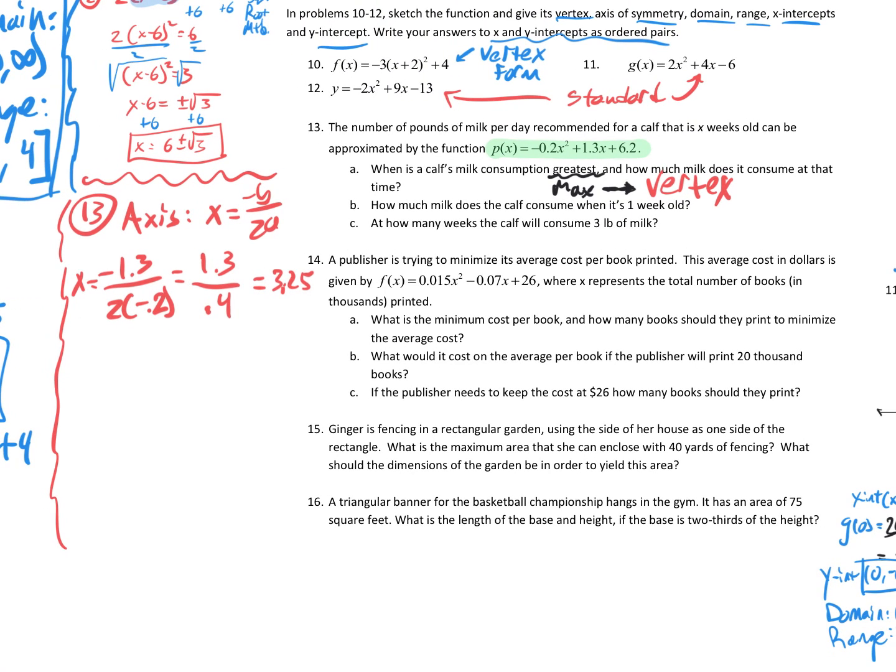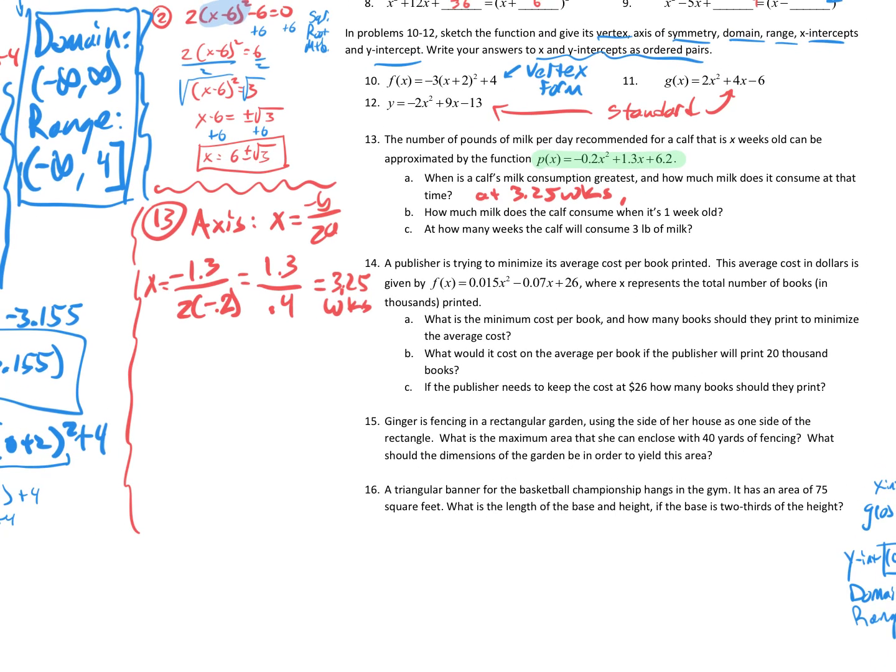Okay, so at 3.25 weeks, what is the consumption? Well, that's where we've got to find P. So P of 3.25, we're going to just plug it all in. Be careful there, and it's worthwhile writing this out.